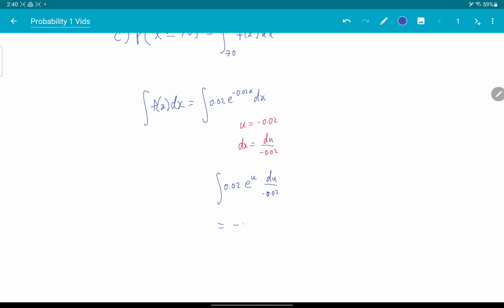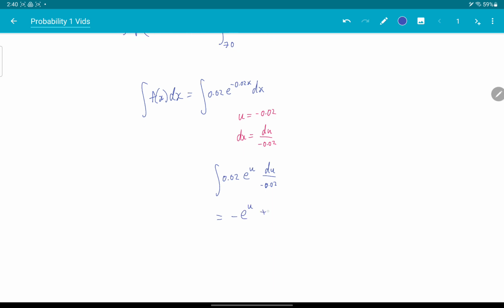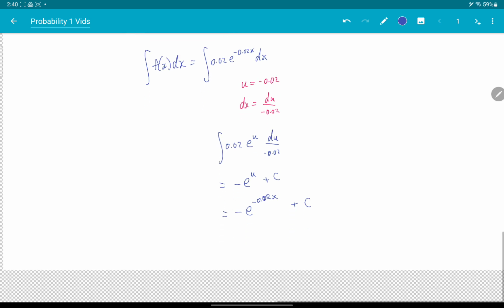So what I get here is negative e to the u, plus c, so that's negative e to the negative 0.02 x plus constant.